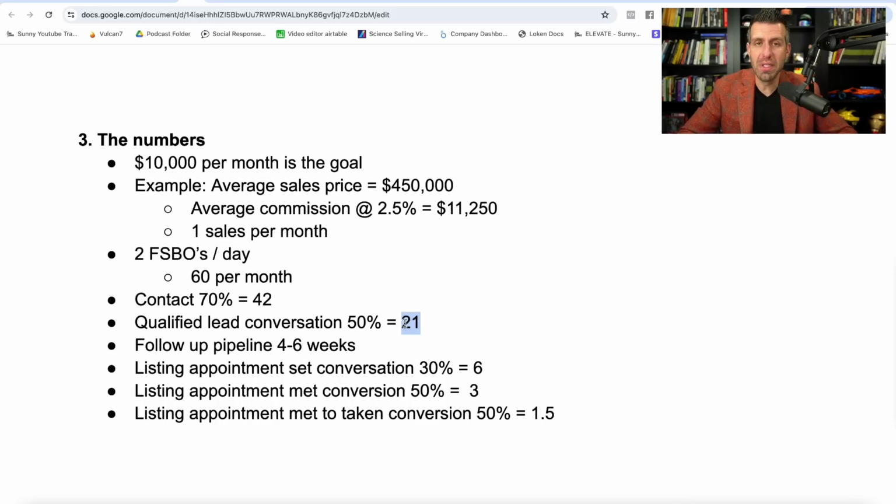This is when you're going to be doing some of the things that we talked about earlier, where you're going to be serving the for sale by owner, helping them to sell this thing on their own. You're a second set of eyes. You're supporting them along the way. And that typically happens for about 4 to 6 weeks, because here's what we know. Most of for sale by owner conversion happens between that time frame.